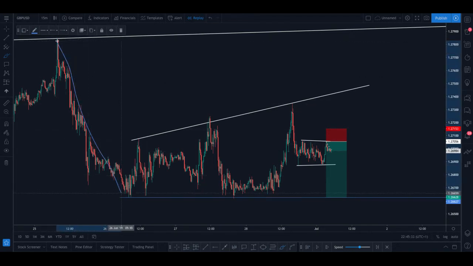It's pretty simple, and it's a concept which you must learn. We have the impulse to the downside, typical correction, and then the impulse to the downside again. And in the whole impulse, let's say, we have mini corrections as well. You can see here, correction, correction, correction.